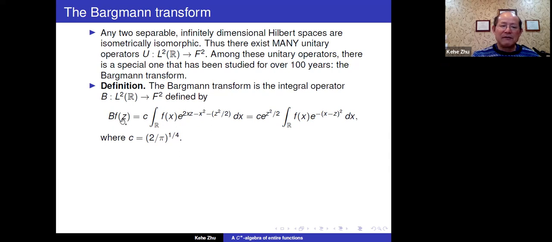And if you denote the entire function by Bf, then Bf is actually going to be in the Fock space. And of course, it's not clear, but it can be shown that the integral transform I defined over here is actually a unitary operator from L2(R) to the Fock space.